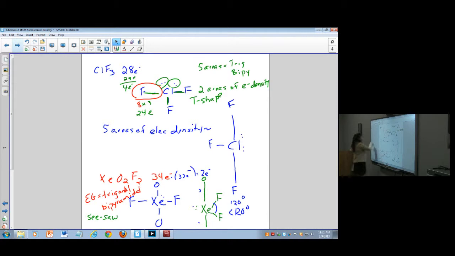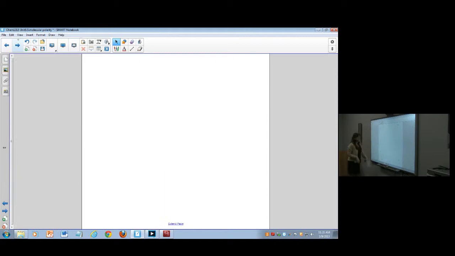All right, I have one more in this family. Okay, so let's do something like BrF3 minus. I admit I made this up, but I don't really think this one exists, but we're going to do it anyway. So this one has 22 electrons.